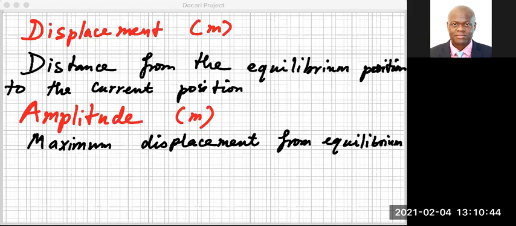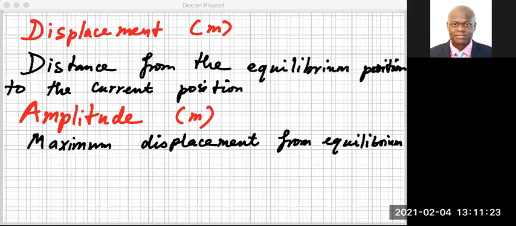It could be any point, but among all the displacements, there will be the largest one, and that largest displacement is called the amplitude. If you keep displacing a system from 0 to a certain value, all of the values between 0 and the maximum value are just called displacements, but the maximum value, the furthest point that the system goes, is called the amplitude.